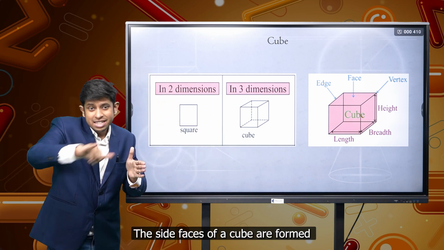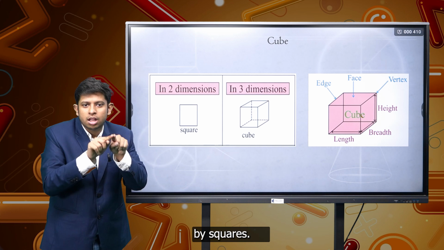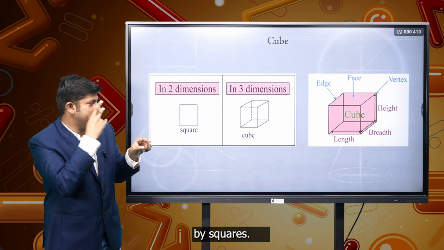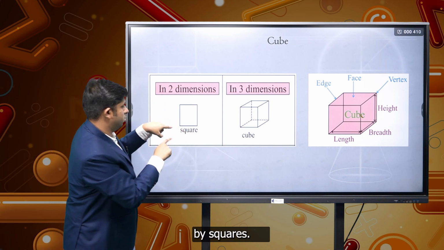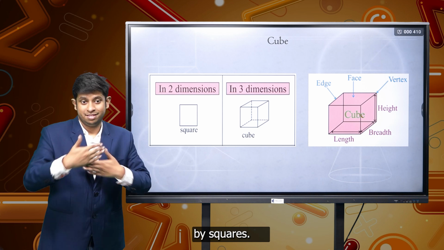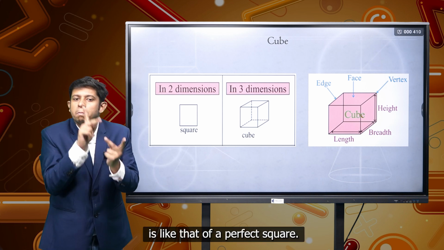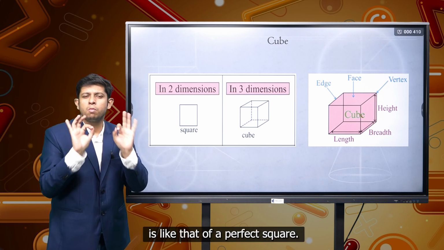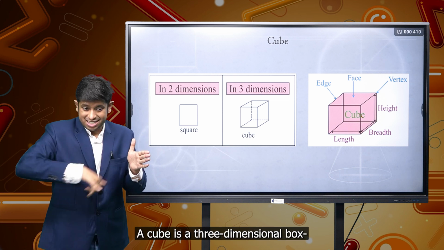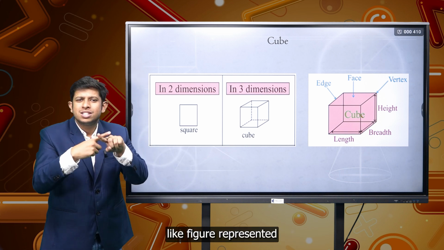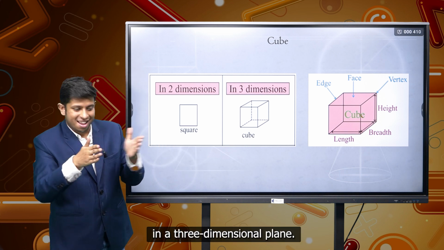The side faces of a cube are formed by squares. A cube's shape is like that of a perfect square. A cube is a three-dimensional box-like figure represented in a three-dimensional plane.